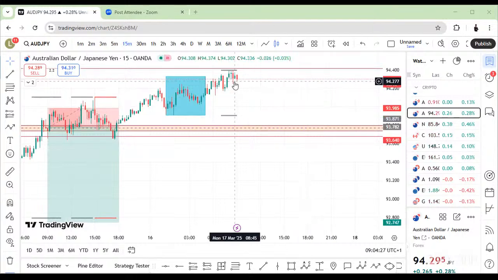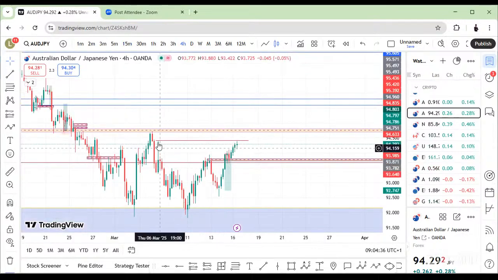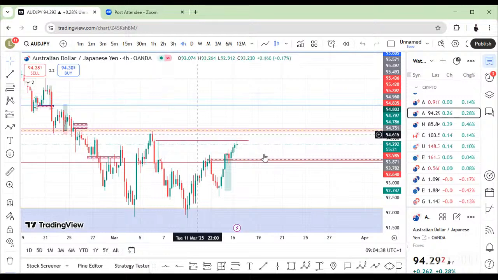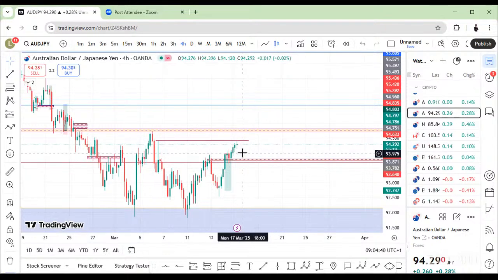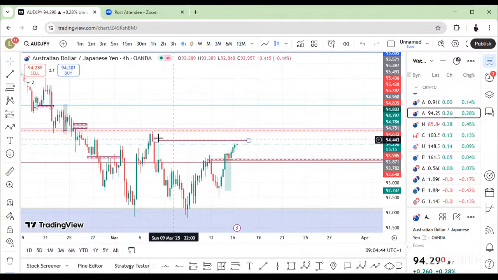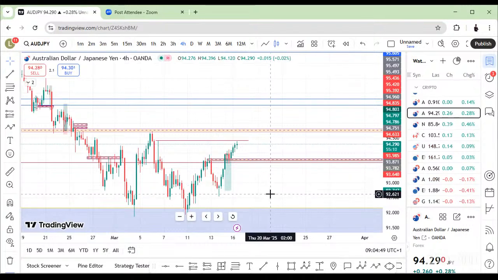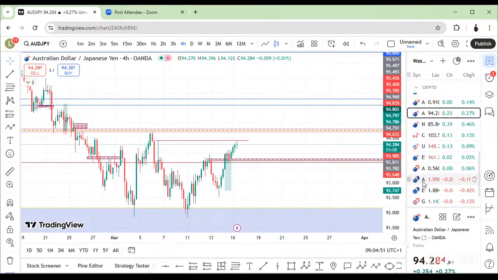So right now, I'm looking to short AUD/JPY when it takes out liquidity on that 4-hour. So that is the entry for today. But we must see that this liquidity point is taken out before we see our sell signature. All right, that's that for AUD/JPY.